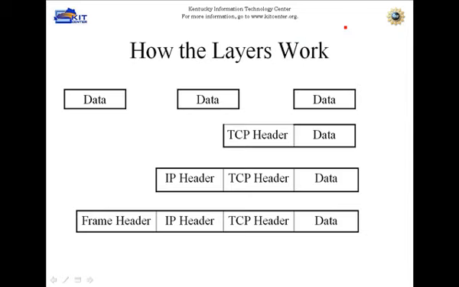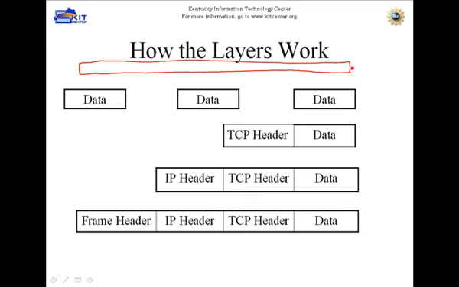So here is a graphic that will show you, hopefully, some idea of how these layers actually work. Now, here's the thing. We assume that at the upper layers here, we've got a long stream of data that we need to move from one computer to another. Now, we don't send it all at once. There's a couple of reasons for this.